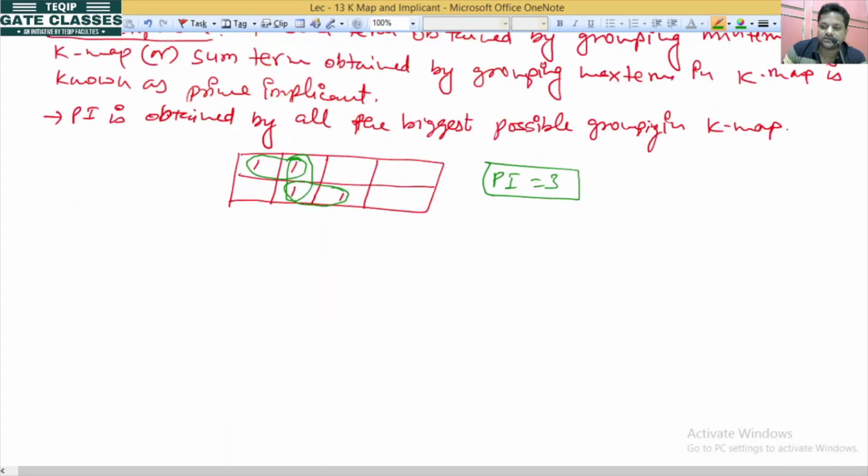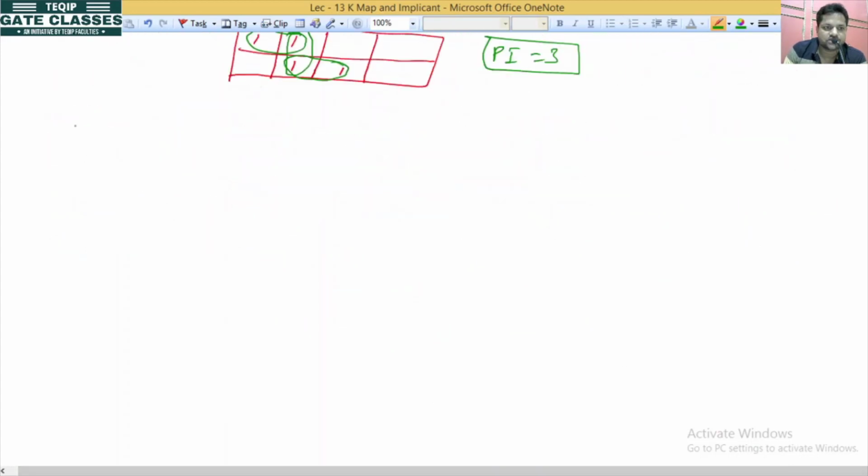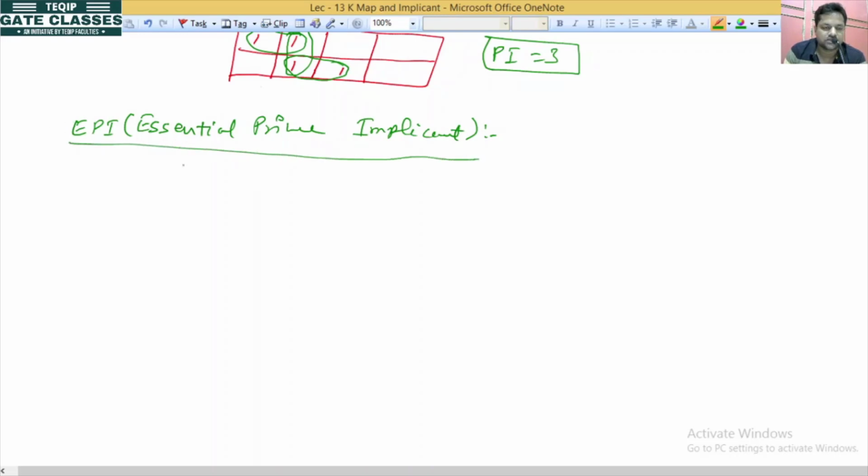Next one is EPI. Our next concept is EPI. EPI means essential prime implicant. It is very easy, don't worry. It is easy to decide which is PI, which is EPI.